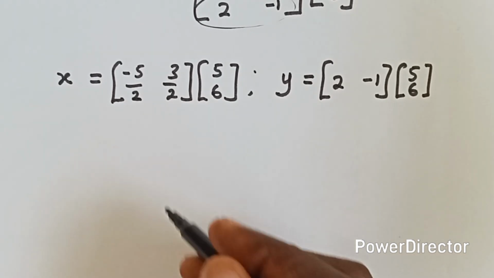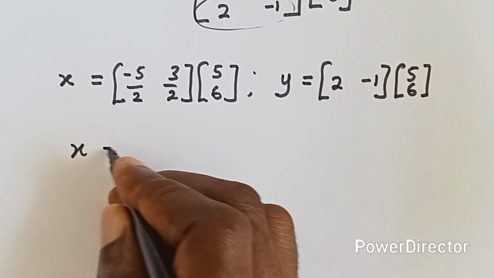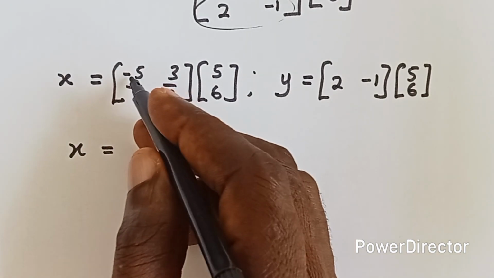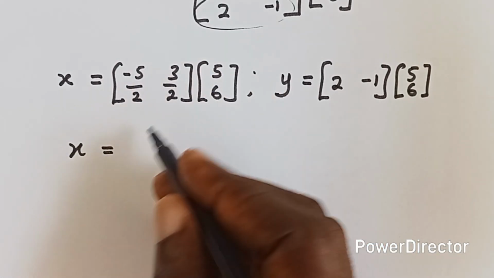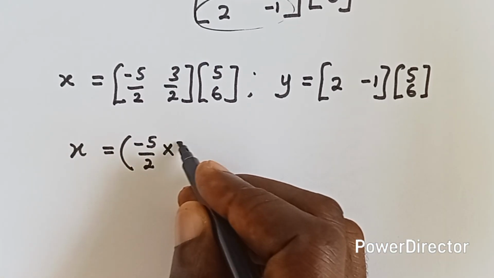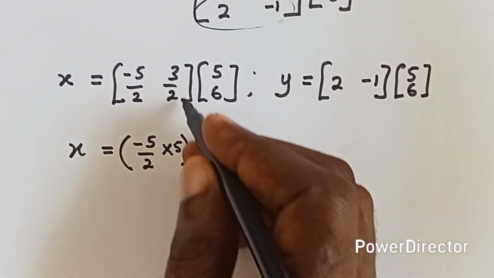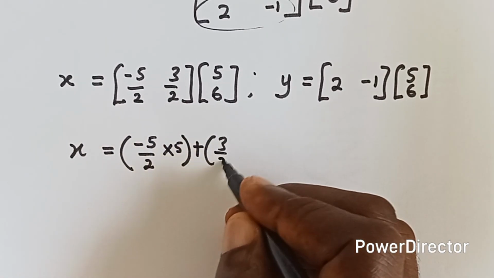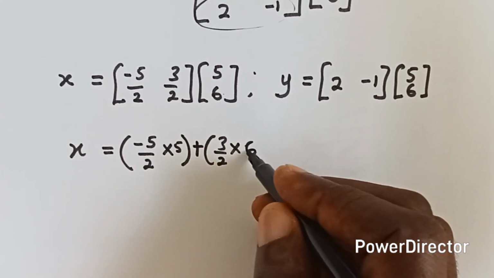Now let's multiply that. For x, we do minus 5 over 2 times 5 plus 3 over 2 times 6.